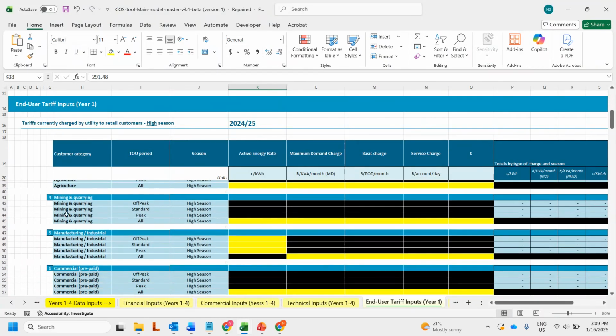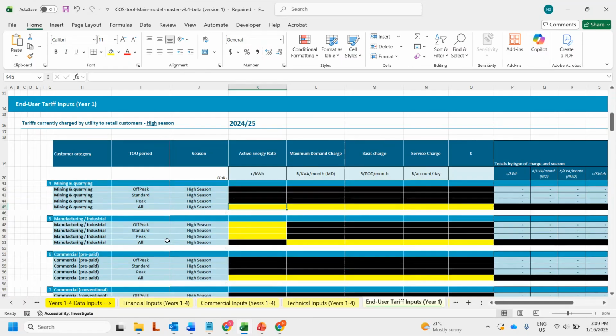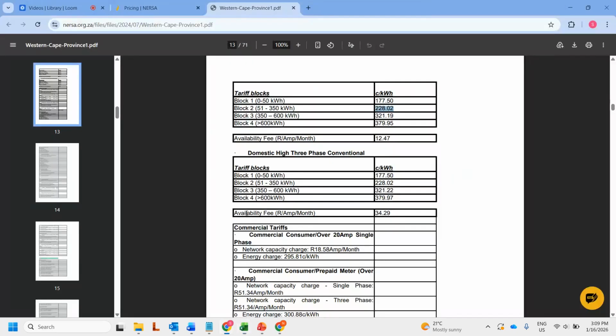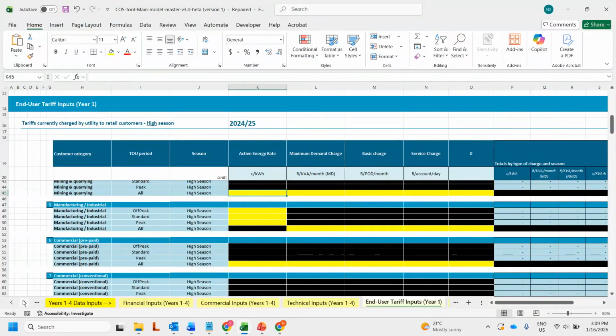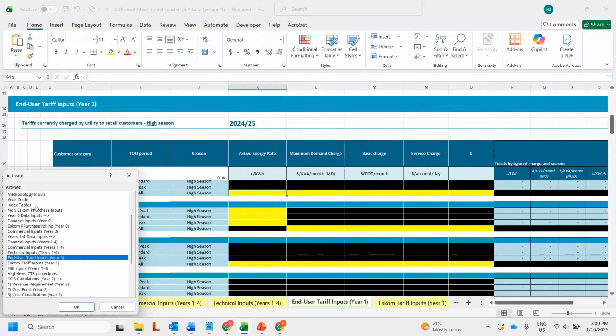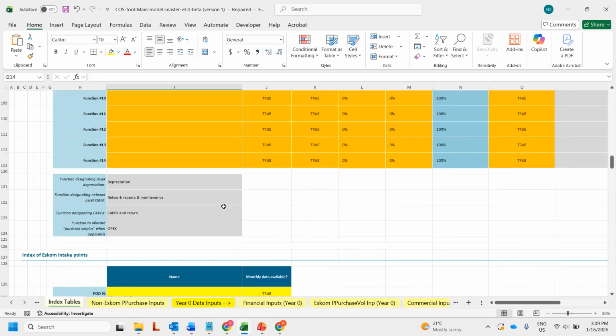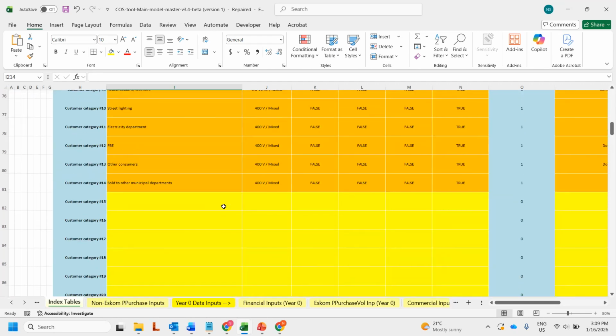Then as you go down, if you say don't have mining and quarrying customer category, then you can just leave this out. You can leave it blank. For industrial and manufacturing, you often find that they have time of use. As a reminder, if you need to change that, you can go to the index tables and you go up to the category that you want to change.